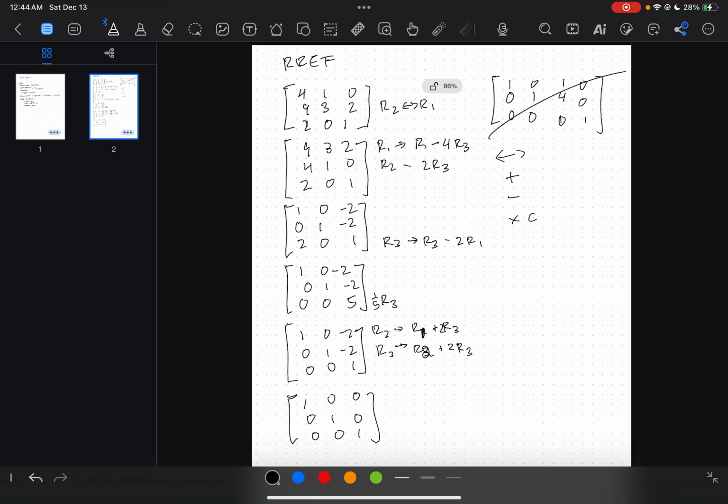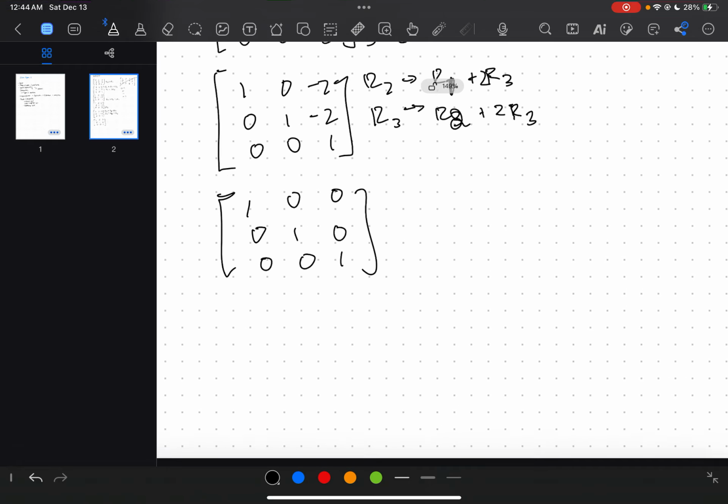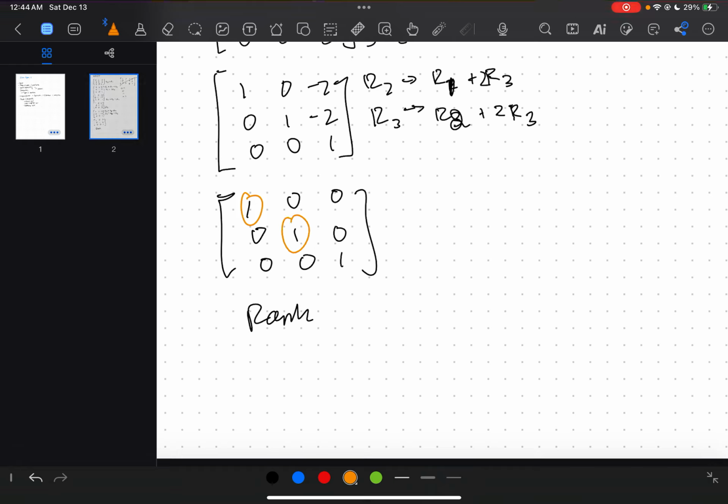But yeah, that's the process. And only then can you check rank, which in our REF is the number of pivots. So 1, 2, 3.